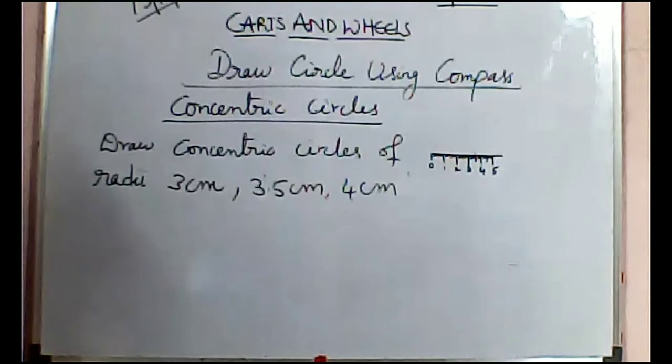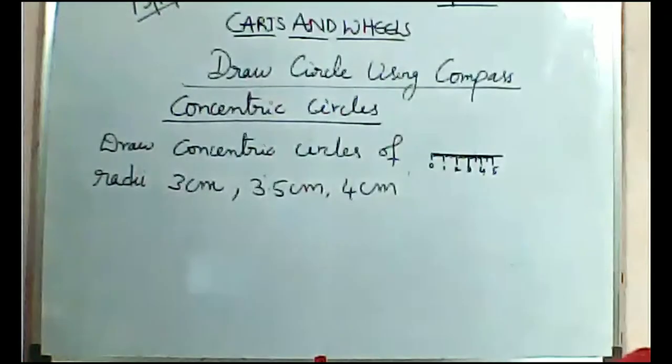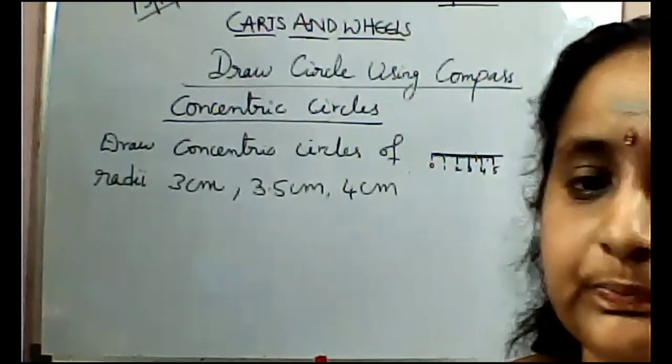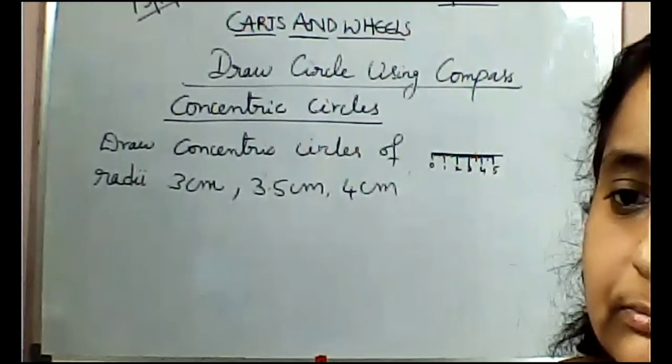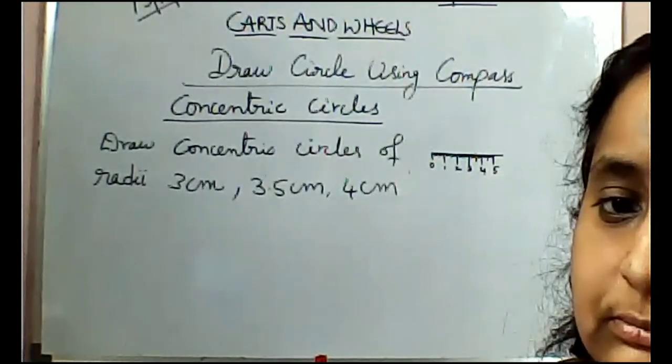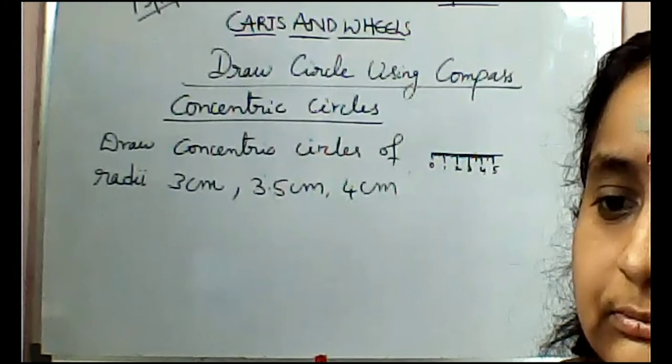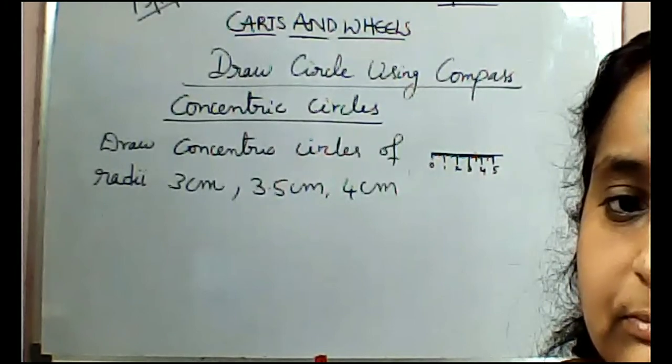Draw concentric circles of radii 3 centimeters, 3.5 centimeters, 4 centimeters. Make it fast. Yes, very good.